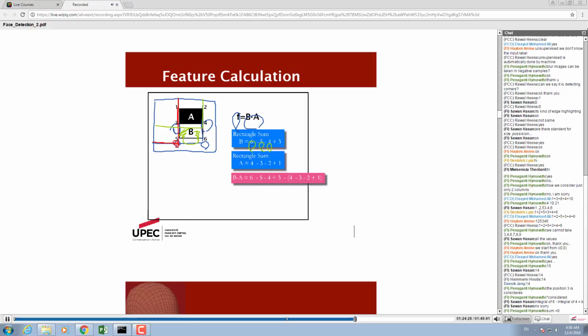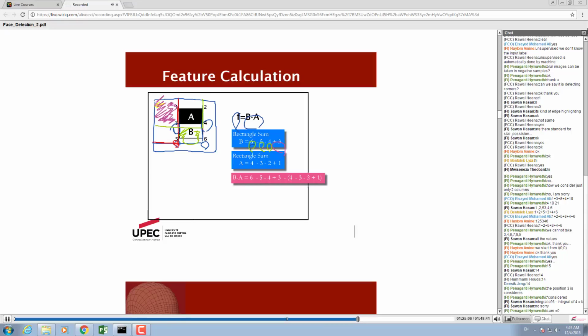Then I want to have the sum of these three regions. That is the basic calculation. When we are subtracting 5, the red, and 4, the green, this purple region is subtracted twice. This purple region sum is 3 in the integral image.